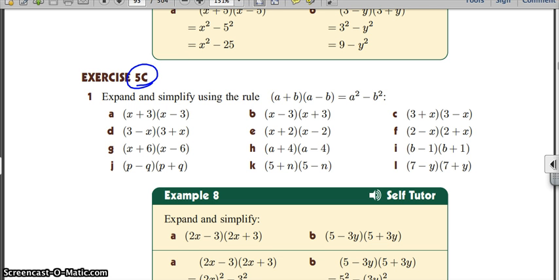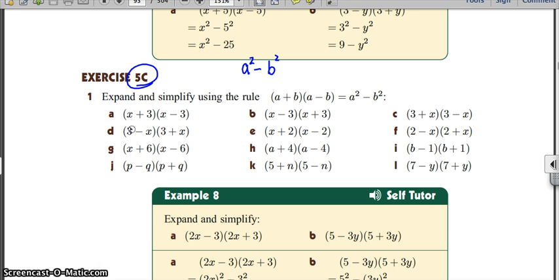5B. So 5C discusses the fact that if we have the same coefficient or pronumeral at the front and the same at the back, so x and x, 3 and 3, and the only difference is the plus and minus, then we square the first one and we square the second one.